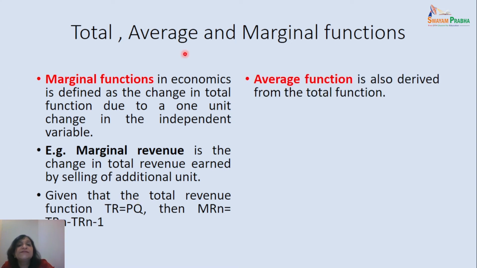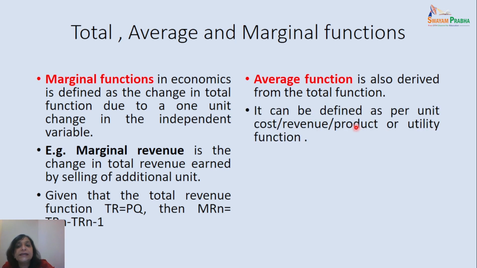Another concept we have said is average function. Now the average function is also derived from the total function. As the name indicates, average function basically tells us what is the per unit, which may be cost, which may be revenue, which may be product or which may be utility. So on an average, what am I getting?